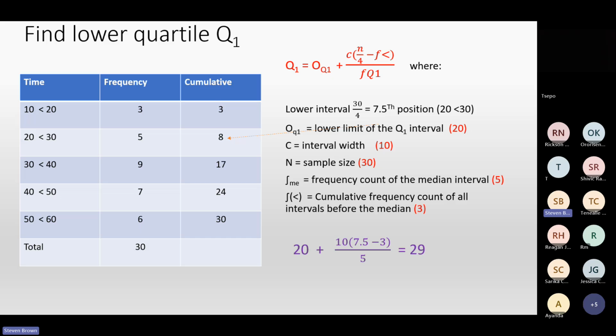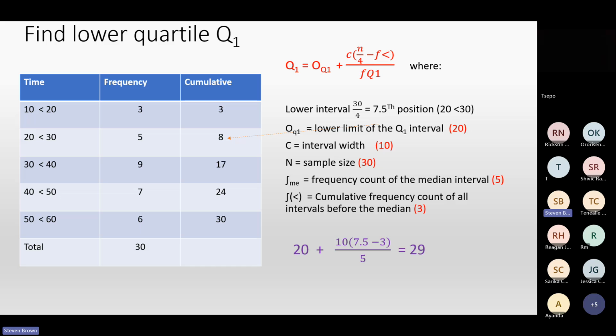So logically, if you're finding a quartile 1, then you are going to find the first quarter, okay, of 30. So let's just stop. If they asked for the median, we know and understand that it's 30 divided by 2. If they asked for the first quartile, it'll be 30 divided by 4, okay, not 2, because it's the first quartile.